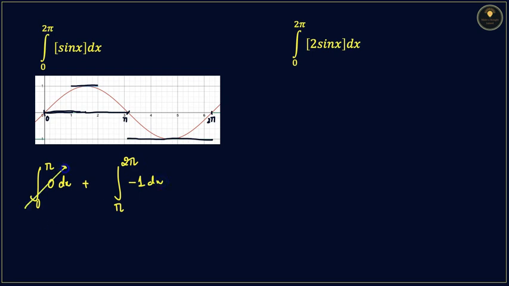You will get this answer as equal to 0, and then we will discuss the answer of the second one, that is 2 pi minus pi, and you will get this answer as equal to minus pi. Minus pi is the answer of the given integral for the sine of x. Now we will discuss the value that is given as 2 sin x.